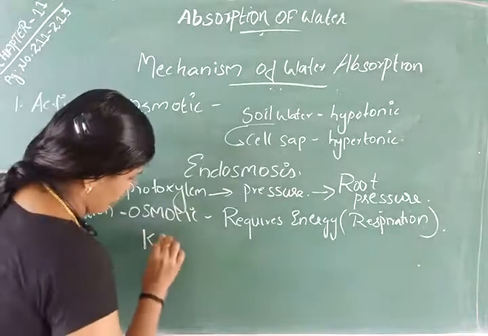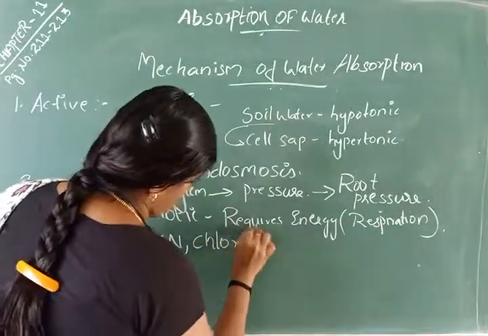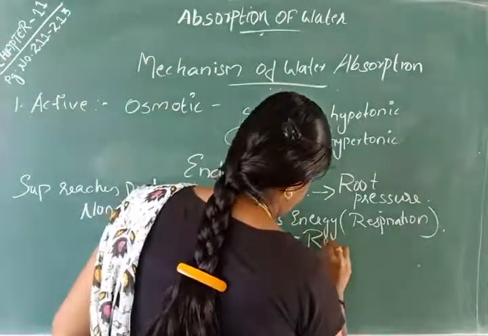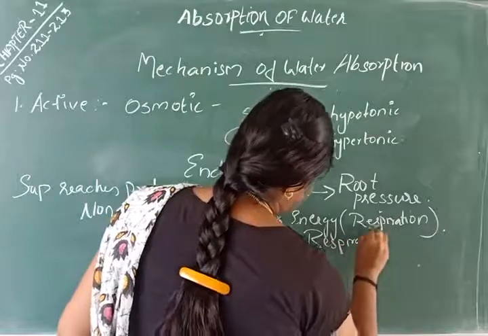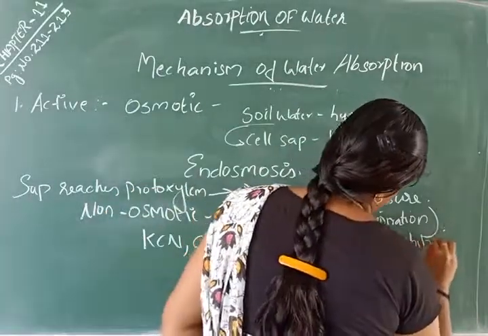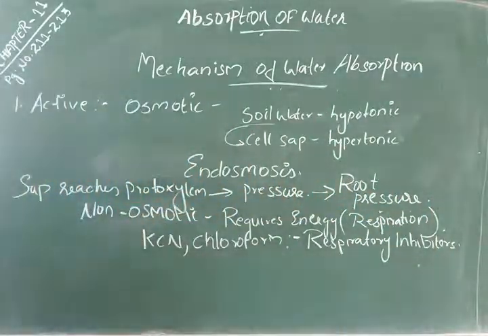So potassium cyanide and chloroform are respiratory inhibitors. When we apply these respiratory inhibitors, the rate of respiration decreases along with the water absorption. So, water absorption also decreases.